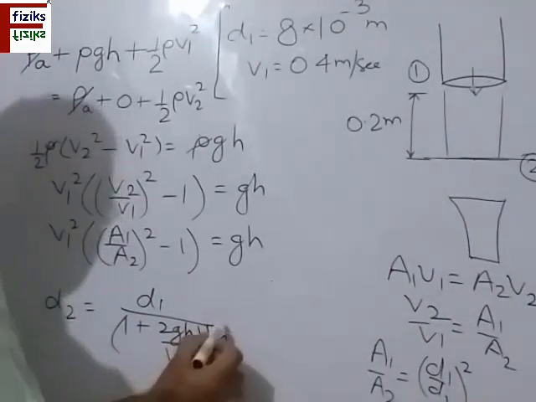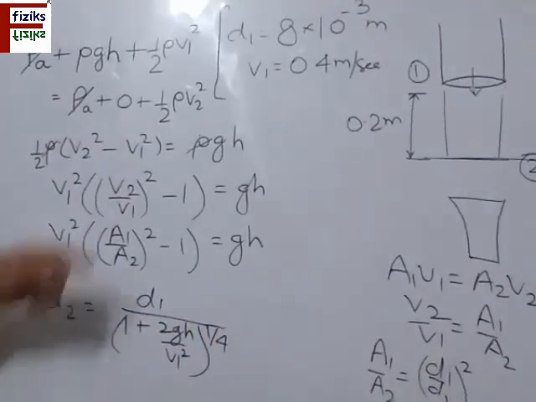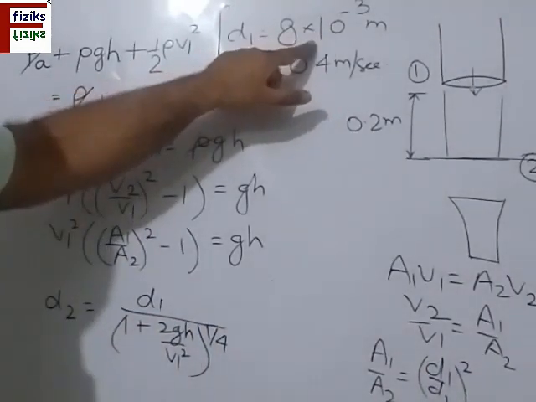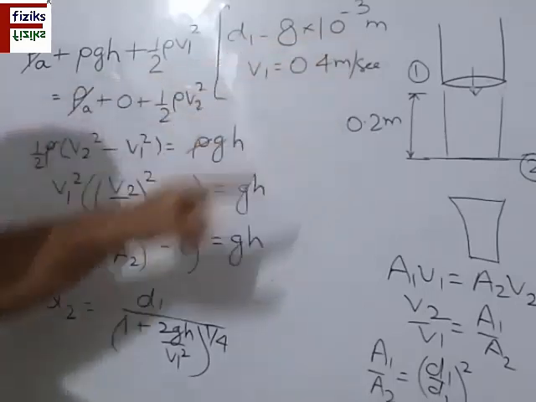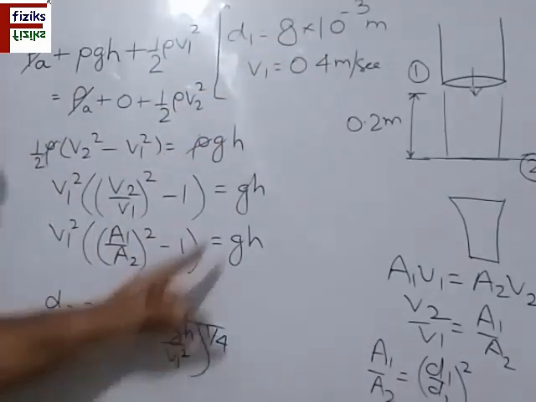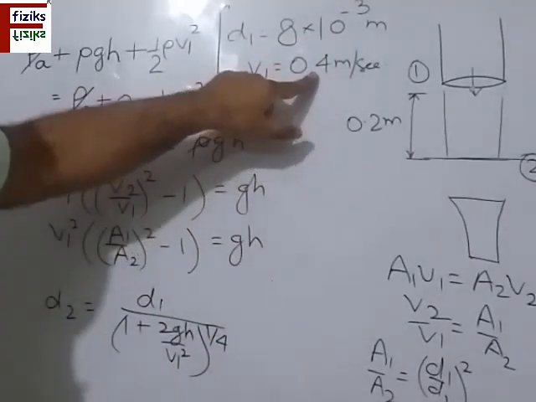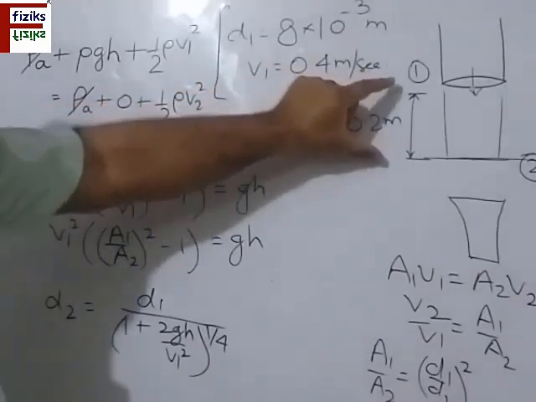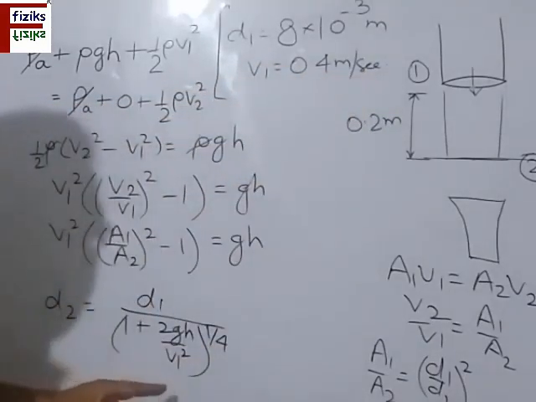So putting the values in this, here D1 is 8 mm, 8 into 10 to the power minus 3 meter. And V1 is velocity at section 1, 0.4 meter per second. H is 0.2 meter.